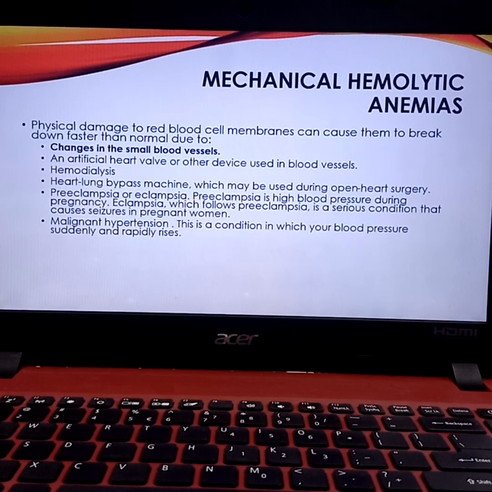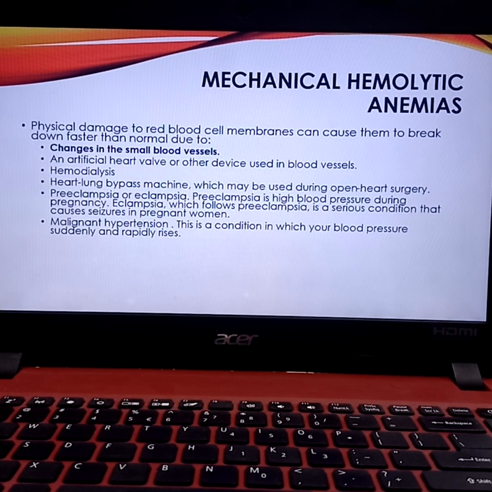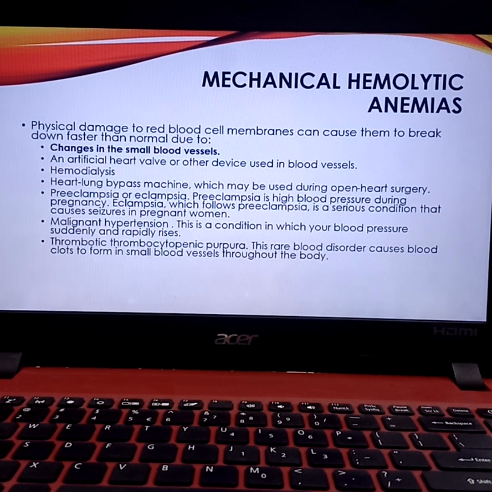This is a condition in which your blood pressure suddenly and rapidly rises, causing a breakdown of your red blood cells. Thrombotic thrombocytopenic purpura is a condition that affects your platelets or thrombocytes, which are responsible for clotting of the blood.